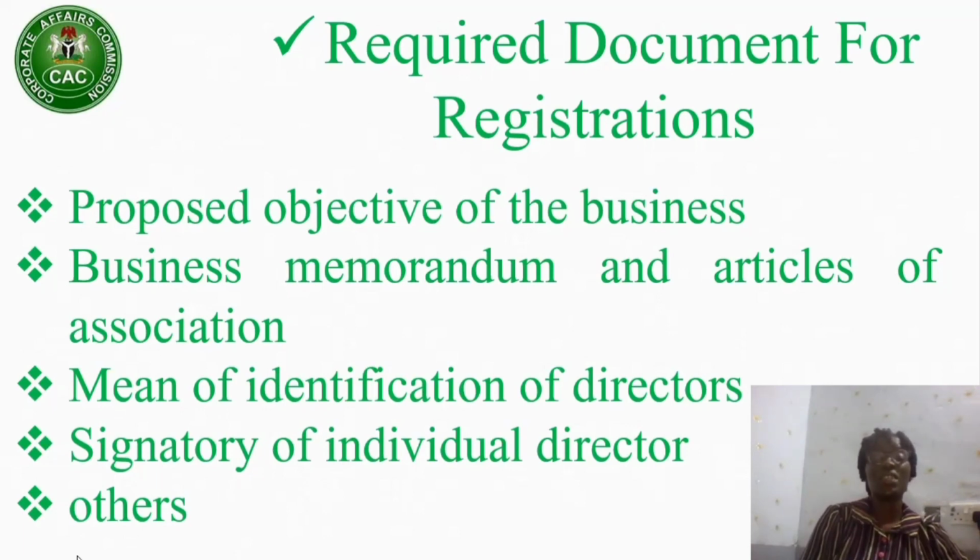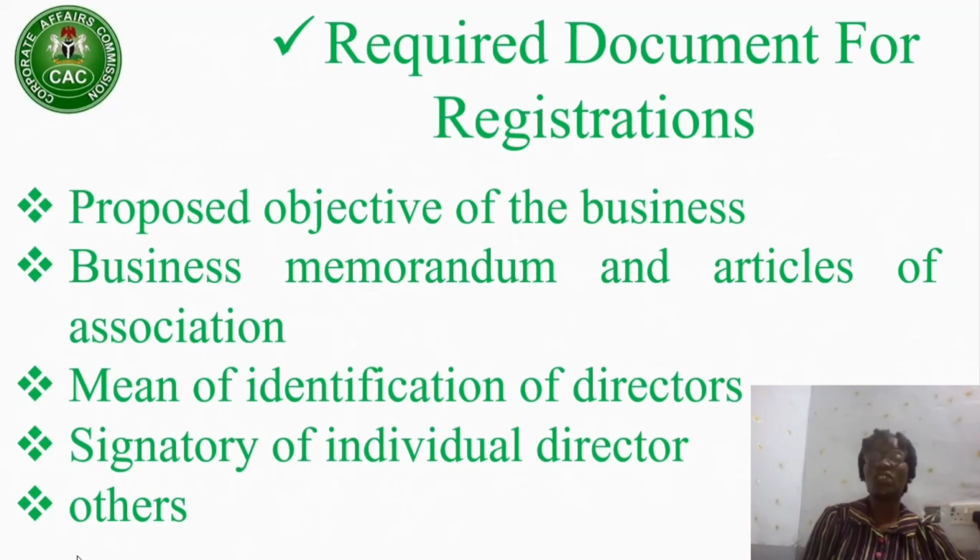Another one is the business memorandum and articles of association. You will have to provide that when you are registering a company. Then you have means of identification of directors, board of trustees or proprietor, anyone that is involved, depending on the section of pre-incorporation you are doing. You have to submit a means of identification. Then signatory of individual directors.